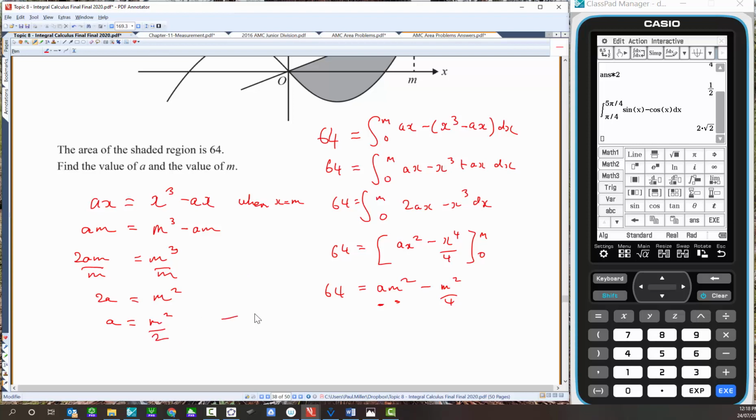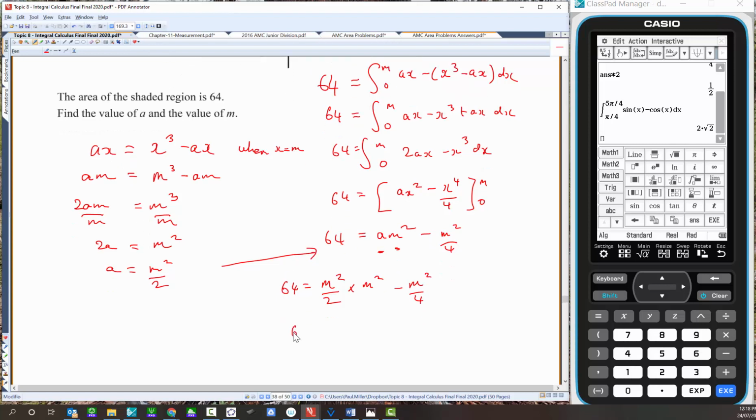Now that I've got that, I'm going to pop it into this equation here to get it down to one variable. So I'm going to get 64 equals m squared over 2 times m squared, take away m squared over 4. Okay, that's going to be 64 equals m to the 4 over 2. Have I made a little mistake here? I have.